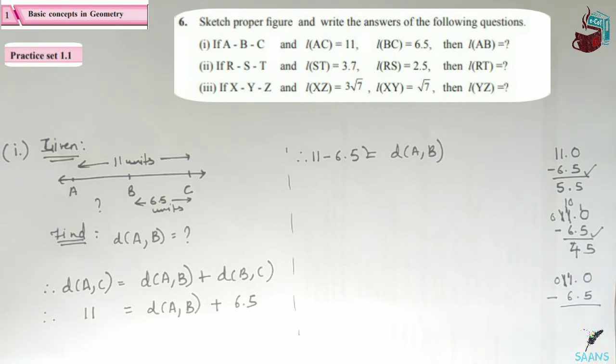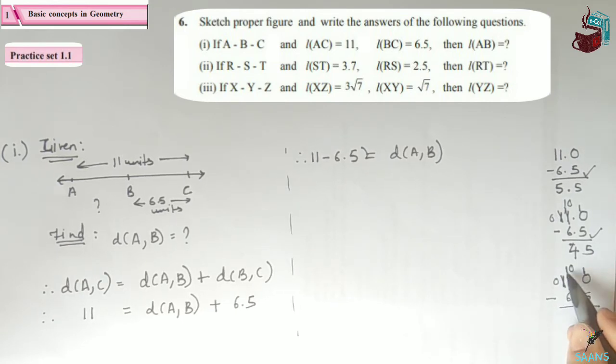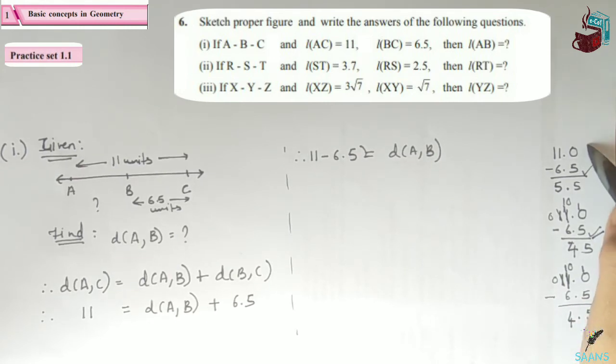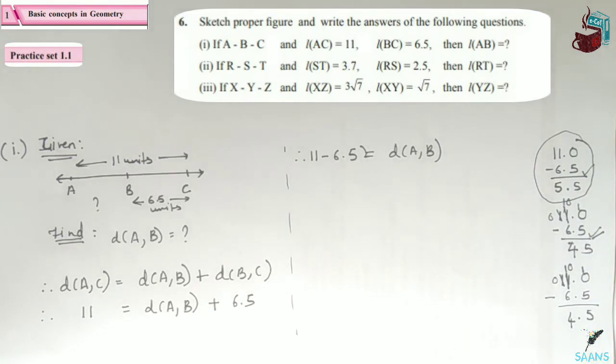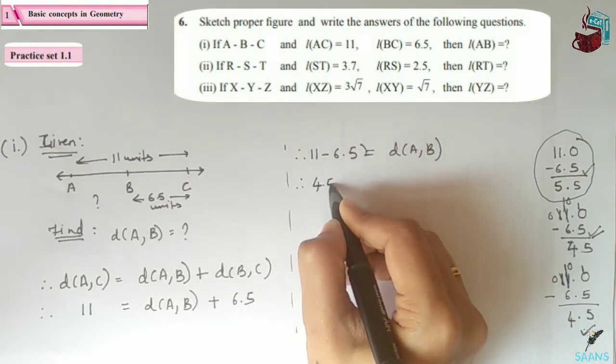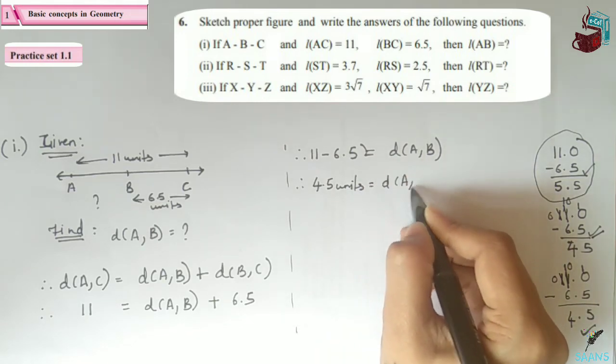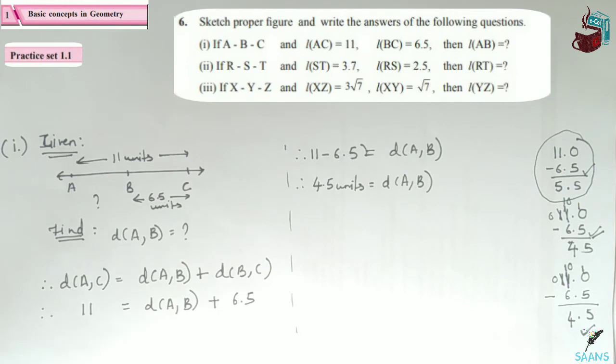I'm just revising it and making a mistake on purpose so that you can understand which is correct. We borrowed 1 from 11, so 10 remains here and we get 10 over here. 10 minus 5 is 5 and 10 minus 6 is 4. Please do not do it the other way. This is a common mistake you make when rushing. So this is your answer, 4.5. So 4.5 units is equal to distance A comma B. So you are done with the first sum.